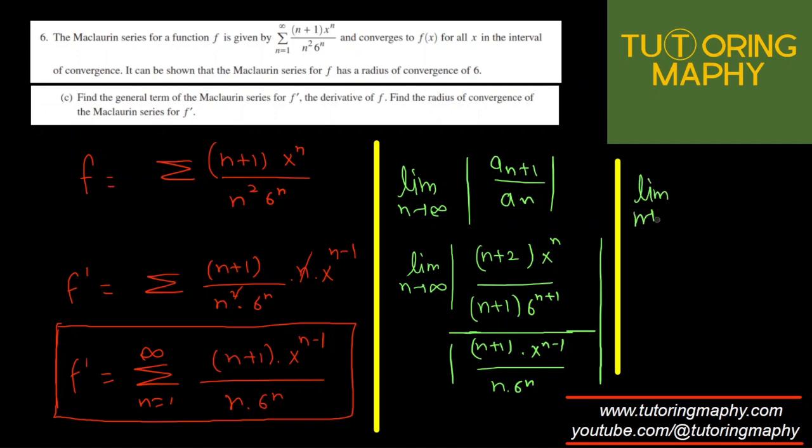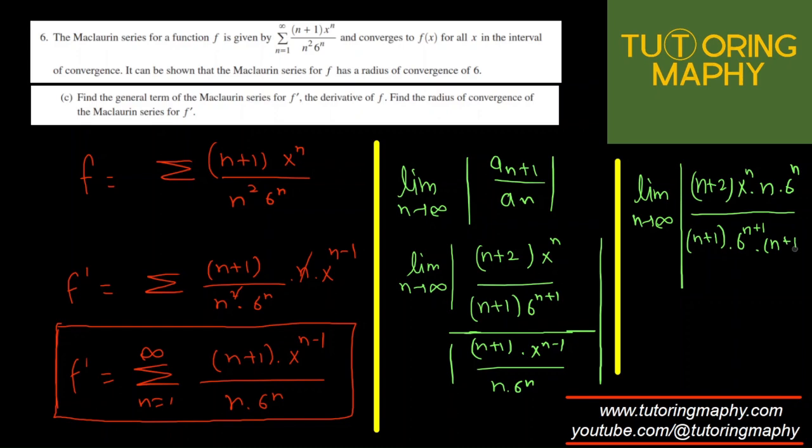So if I use the keep change flip rule, I'm going to keep this one, and when this is flipped, then this thing will come on the top. So this will become n times 6 raised to n, and the other things are in the denominator, which is n plus 1 times 6 raised to n plus 1 times n plus 1, and I'm running short of space.